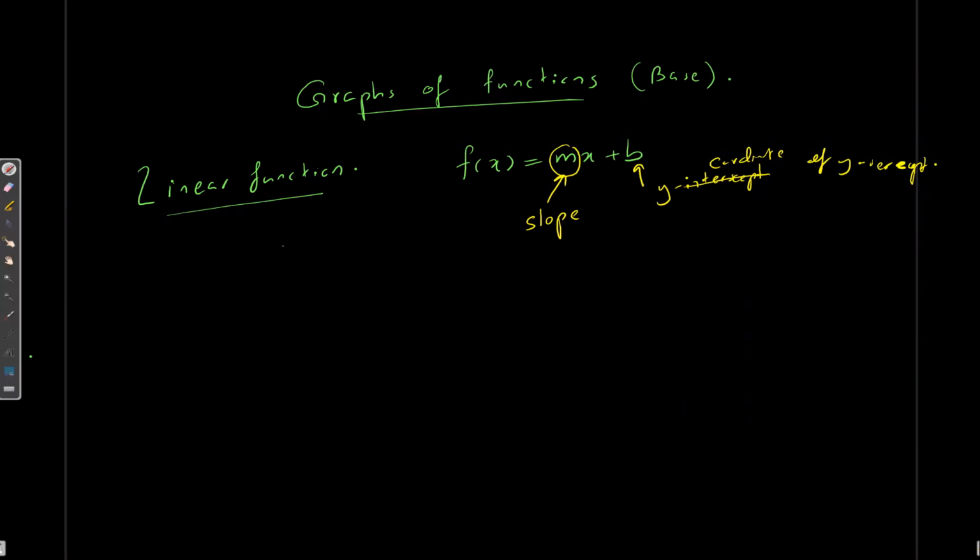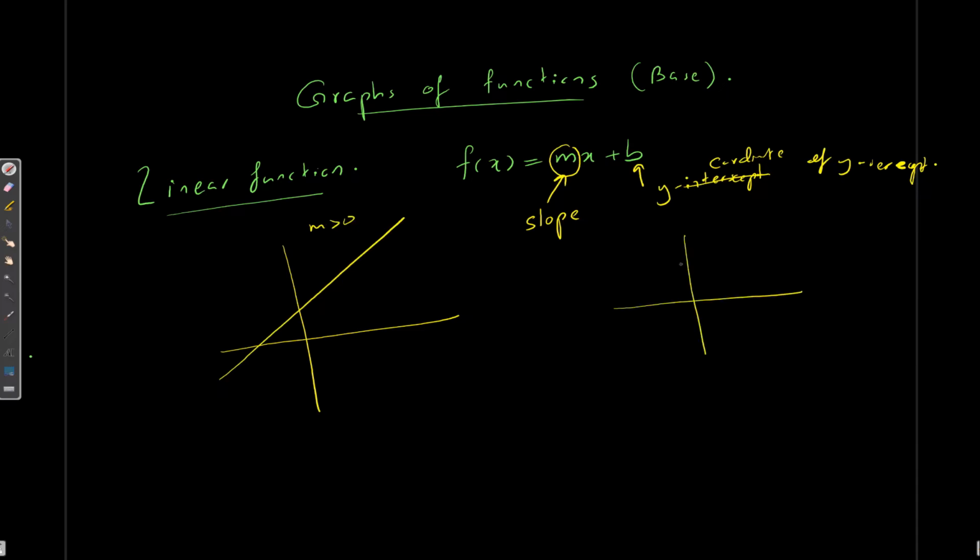Now, the shape, you already know. If m is positive, it will look like this, and if m is negative, it will look like this. Of course, for example, this is a positive height, so your b is positive in this case. Let's see some examples. f(x) = 2x - 7.